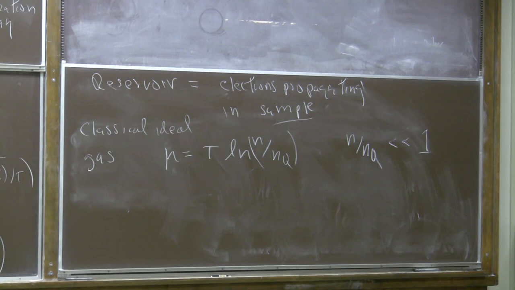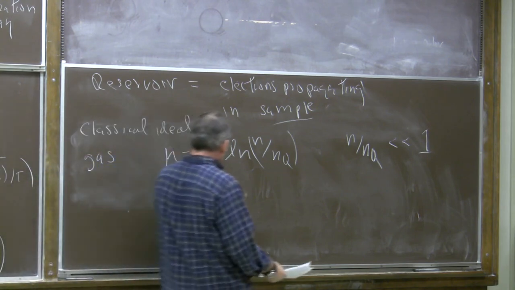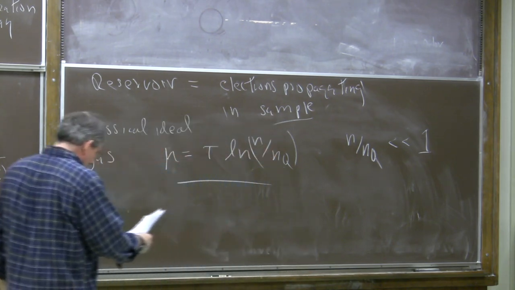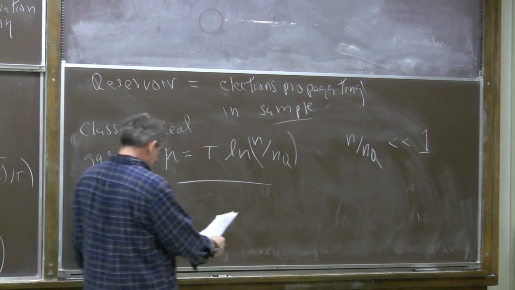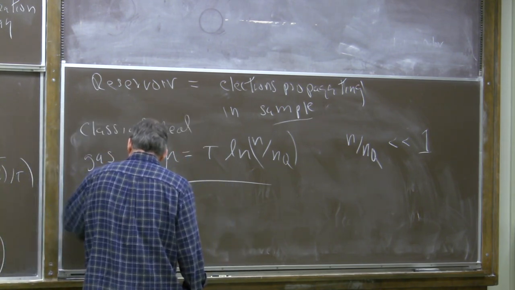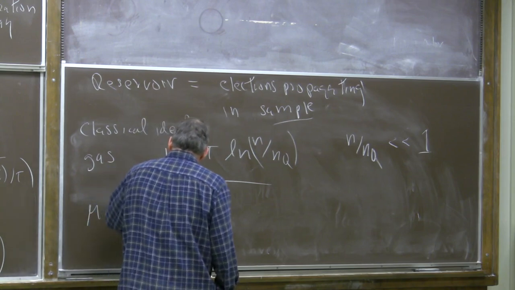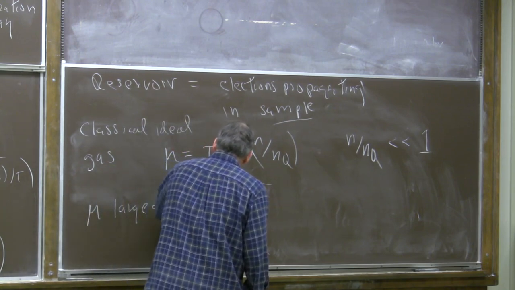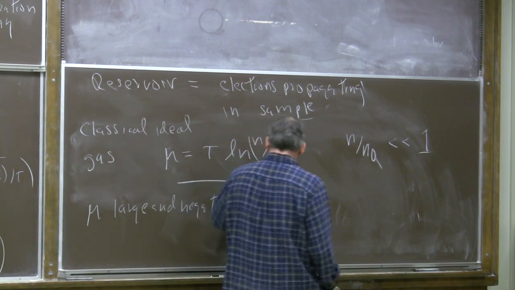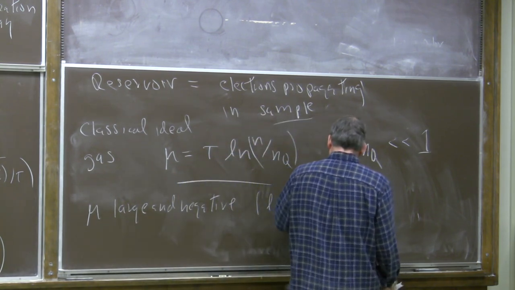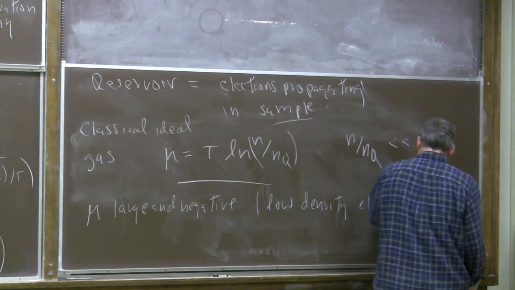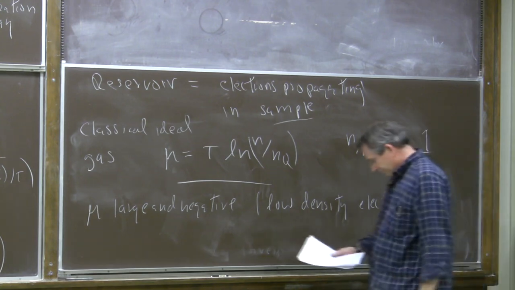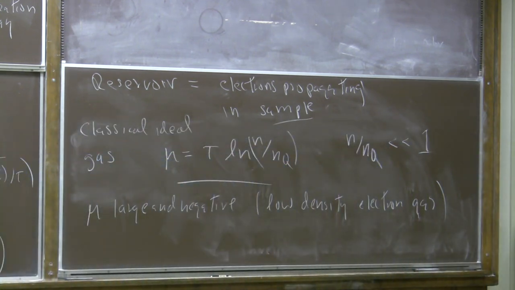Then if the chemical potential becomes large and negative, when we have a very low density electron gas, then what happens?